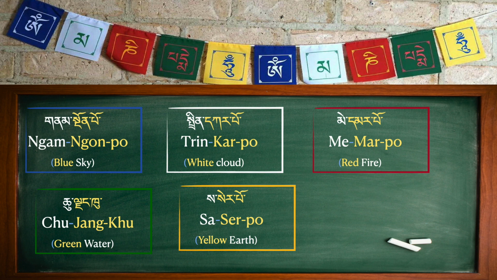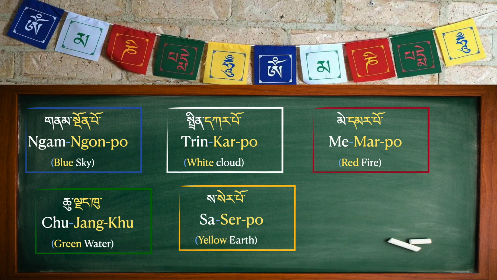So white cloud in Tibetan is tin karpo. But also understand that if you put articles to tin, so that it is tinpa, we can also say tinpa karpo.